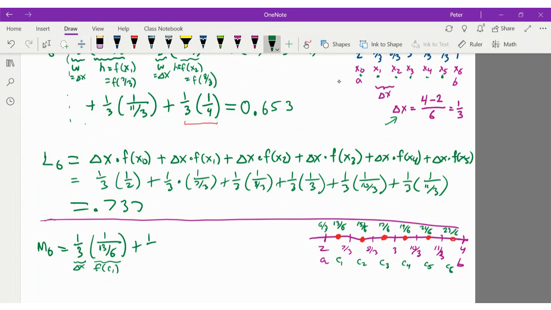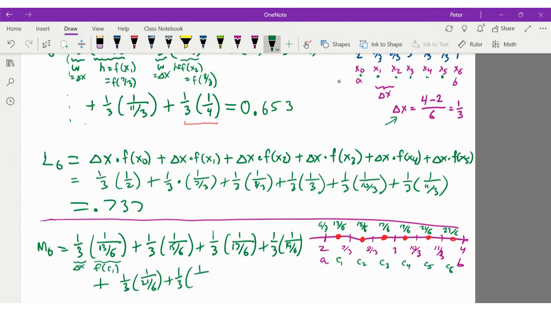So that gives us 1/3 times 1/(15/6), plus 1/3 times 1/(17/6), plus 1/3 times 1/(19/6), plus 1/3 times 1/(21/6), plus 1/3 times 1/(23/6). And that comes out to 0.692. So I've got 3 different approximations.